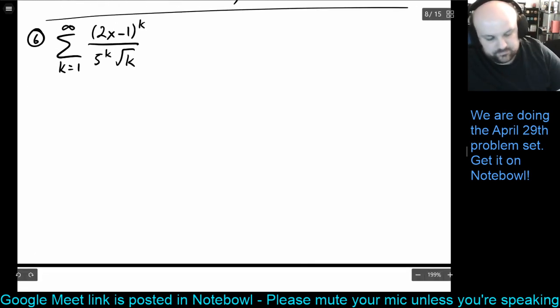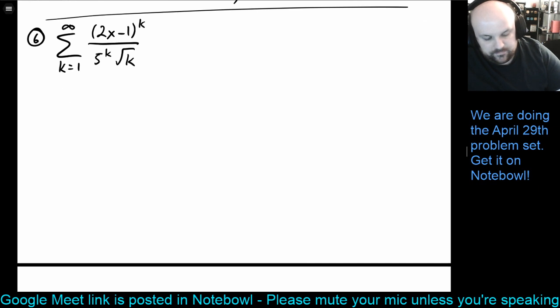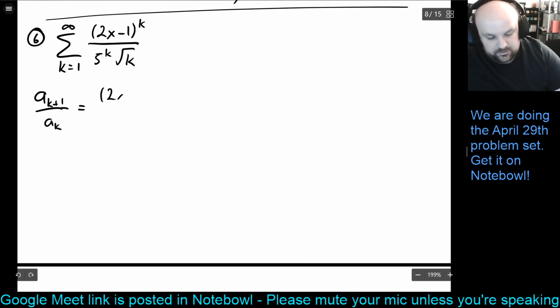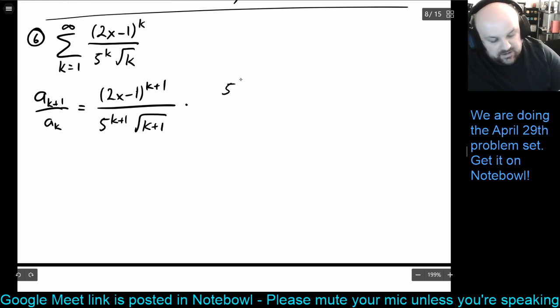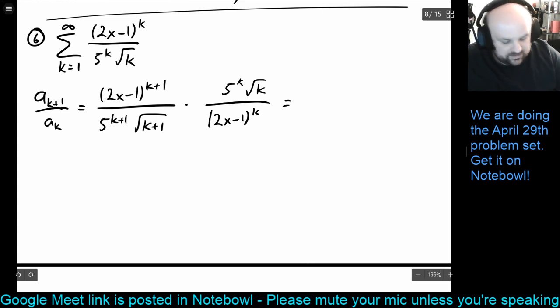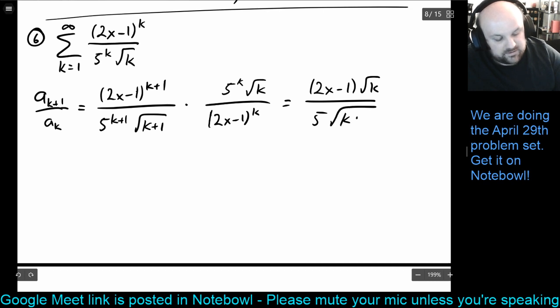So a_{k+1} over a_k is (2x minus 1) to the k plus 1 over 5 to the k plus 1 square root of k plus 1, times 5 to the k square root of k over (2x minus 1) to the k. Simplifying this, we have (2x minus 1) square root of k over 5 square root of k plus 1.